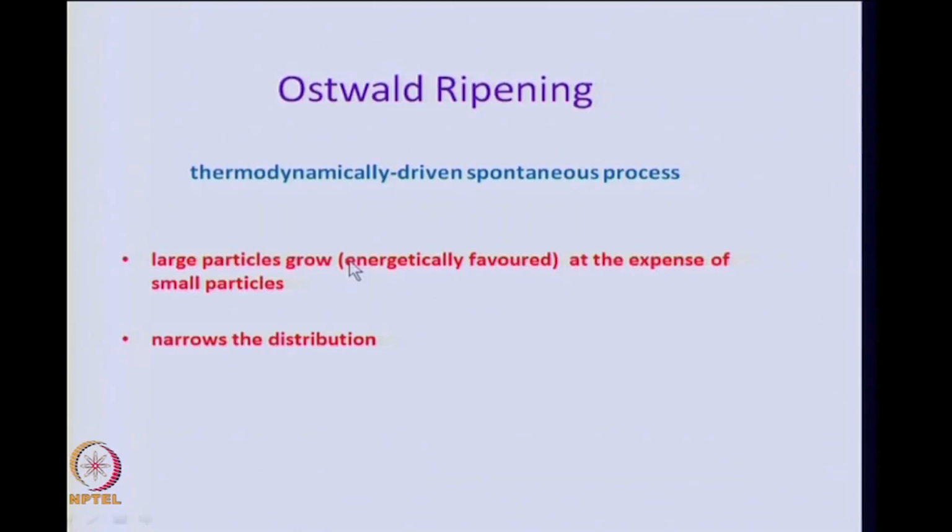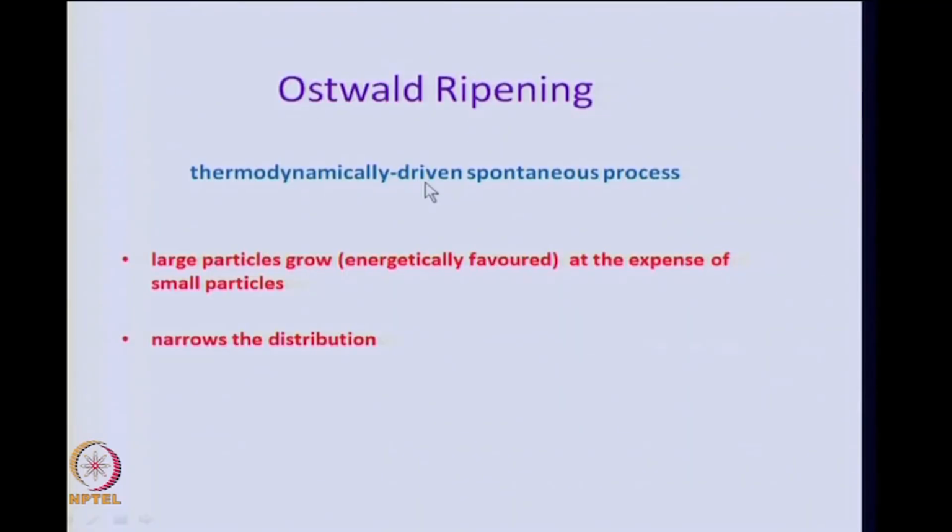So, some small particles will form and then they will dissolve, and some large particles will form, and this will continue till the larger particles become larger and larger, and the particle size distribution will become much narrower. That means you will have a large number of particles of one particular size, and very few of much smaller sizes.